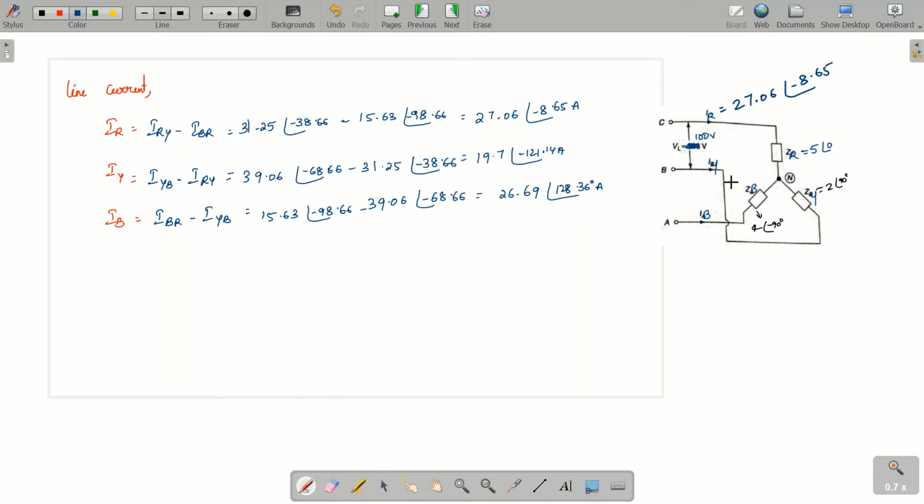Line current IY equals 19.7 at an angle of minus 121.14. Line current IB equals 26.69 at an angle of 128.36 degrees. Now the main question is, what are the phase voltages?